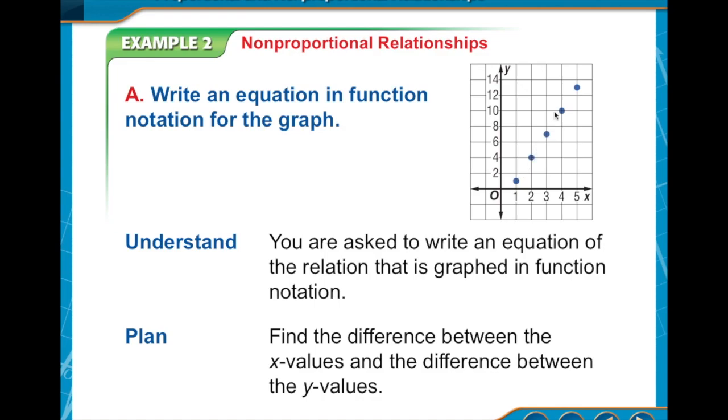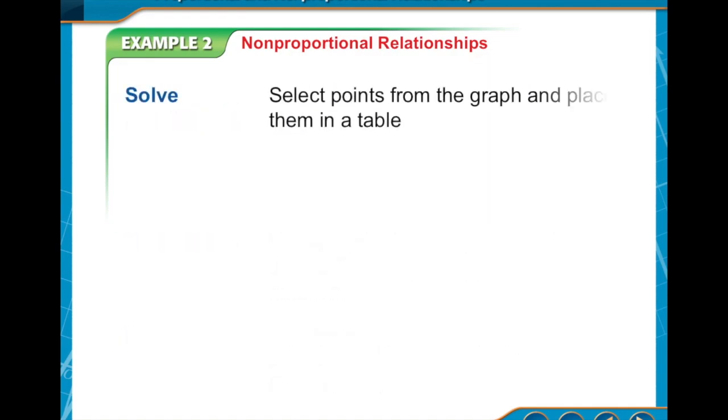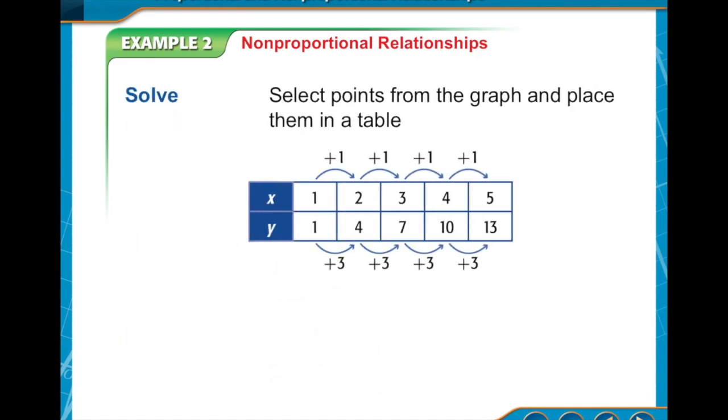Please try to have this image down. It doesn't have to be exact, just so you can have something to reflect on. Notice this one does not go through the origin, so please be sure it doesn't on yours. So, if we take the points in the graph and make a table, we would get this here. So these values are important for this problem. We can then look at how it's changing.